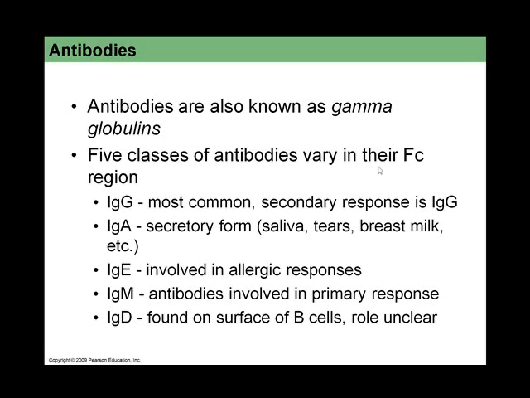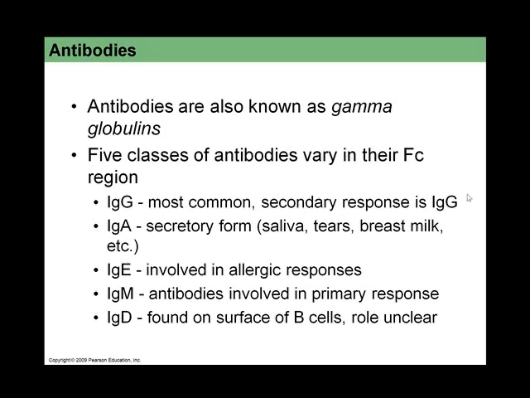So there's a set of FC amino acid sequences for the FC regions that are called IgG, or IgA, or IgE, or IgM, or IgD. I usually put the M there and say GAMED, G-A-M-E-D, but anyway, whatever helps you remember it.